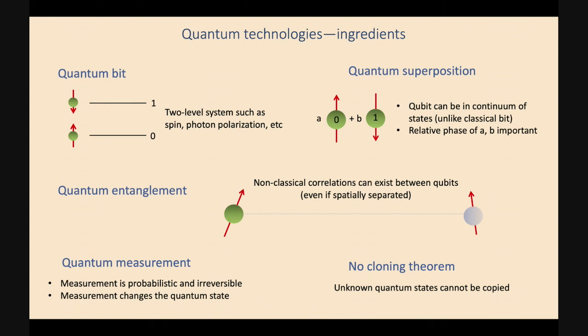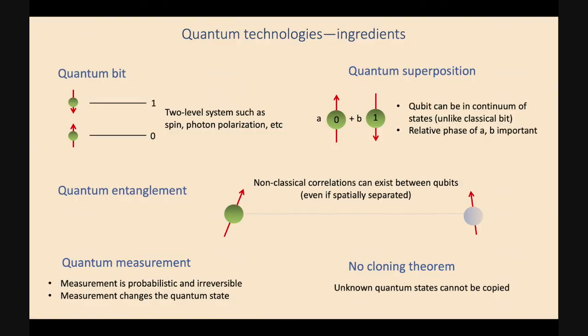The most important distinguishing feature of quantum bits compared to classical bits is the fact that they can have non-classical correlations, which we call entanglement, and these can persist when the systems are spatially separated, and this is a very important ingredient in all of quantum technologies, and particularly in quantum networks that I'll be talking about.